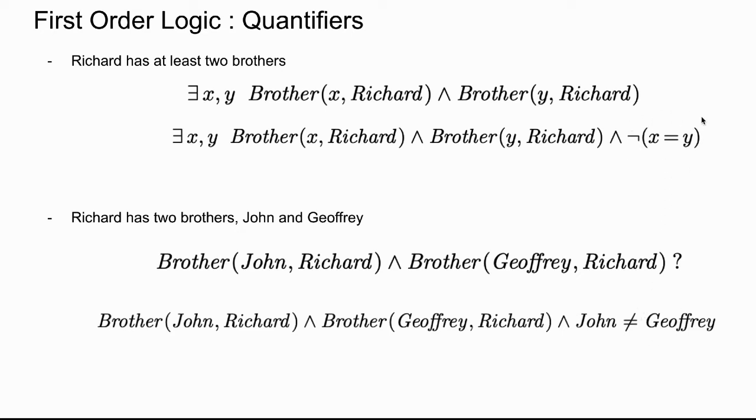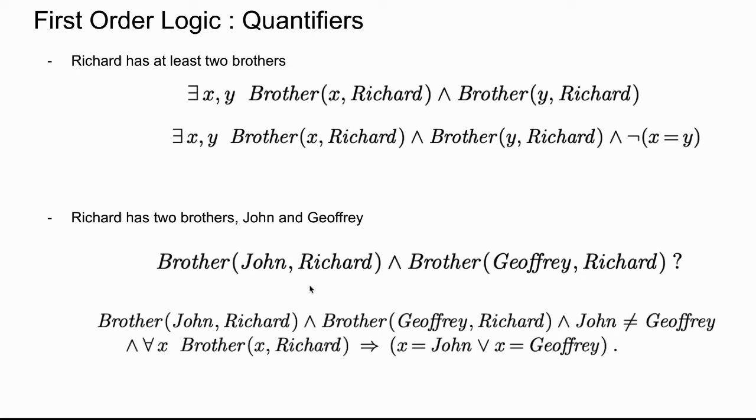So you need to actually write it in this particular format, not (John equal to Jeffrey). Okay. Then we also need to specify that there is no third person. So what that means is that we do an AND with for all x, if brother(x, Richard) is true, then that implies that x is either equal to John or x is equal to Jeffrey, and there is no third option. Okay, so this we have specified using this additional condition.